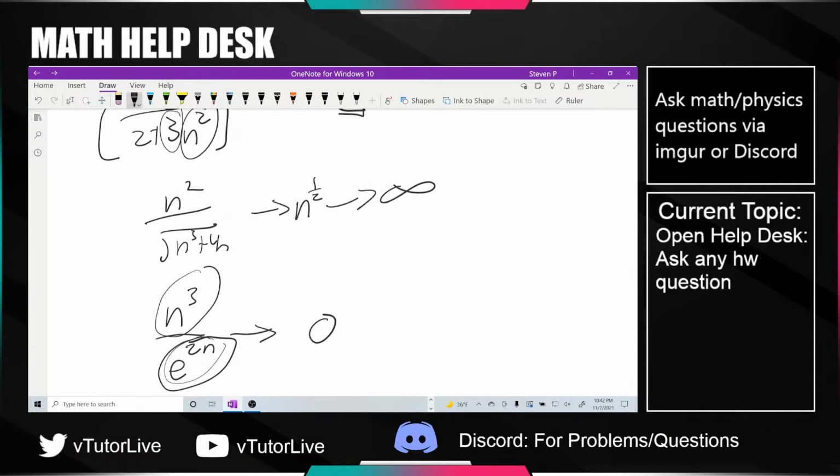Like for this one right here, I would say this is something like n squared over n to the 3 halves, right? And you can simplify this to make it n to the 1 half, which goes to infinity. You're trying to look for the dominant behavior, so to speak, after you compare the numerator and denominator. I guess that makes sense.